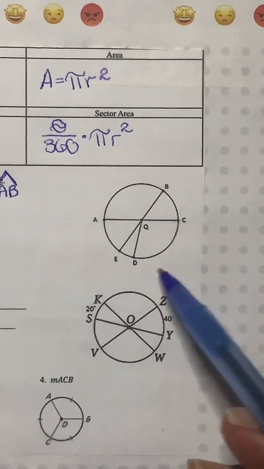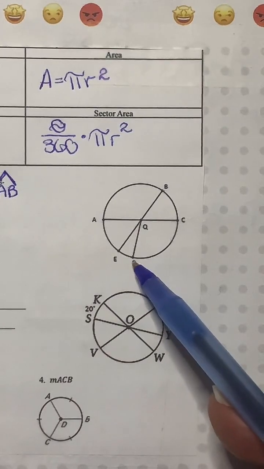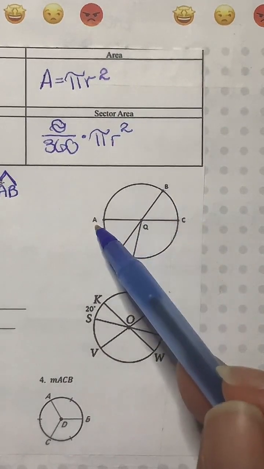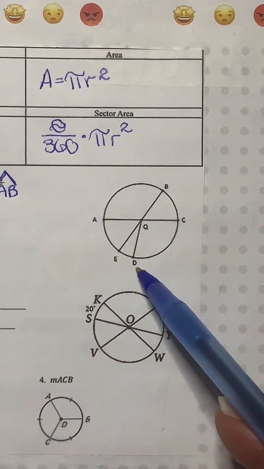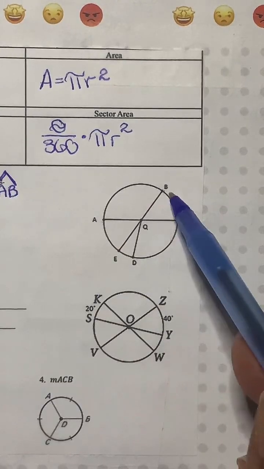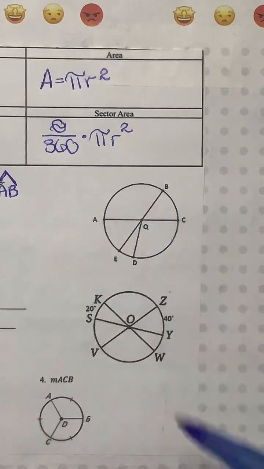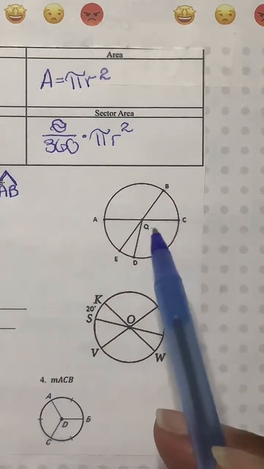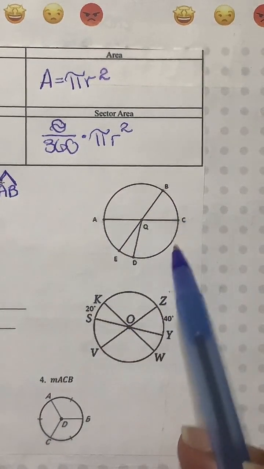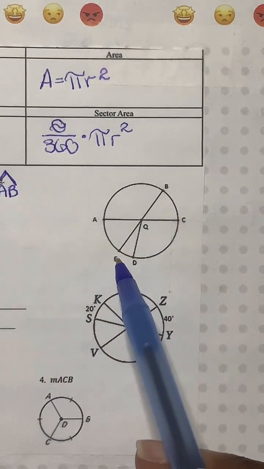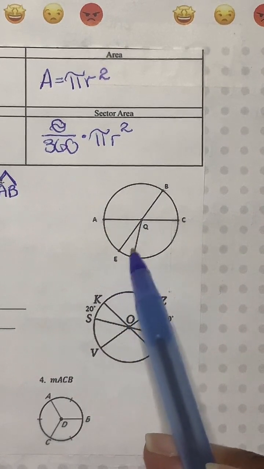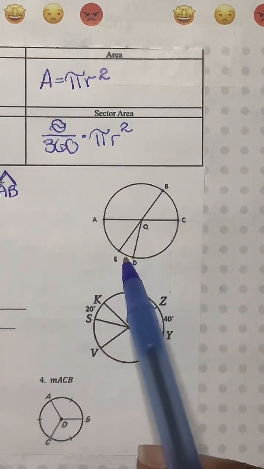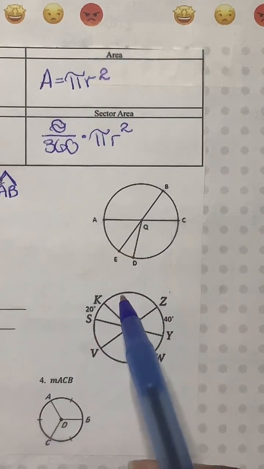So if I wanted to take it another way, I could say CBA. That means I'm starting at D, I'm going all the way to B to A. I can even say ACE. That's a major arc. So anything that's more than 180, but not quite 360.